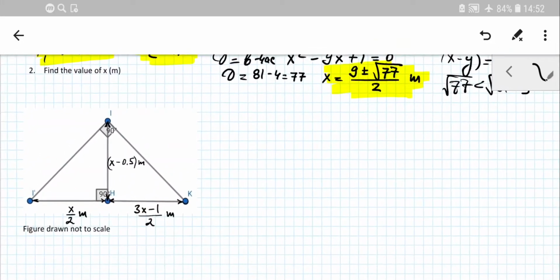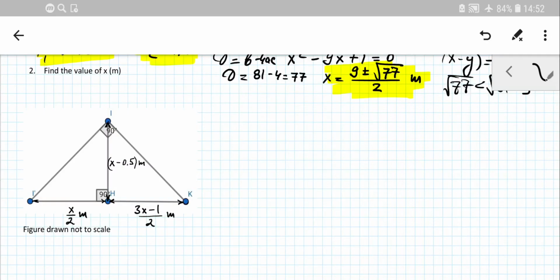Okay, so what we have, let me see, we have the big triangle, which is right angle, and the small one is also right angle. So first of all, that's a problem about similar triangles.